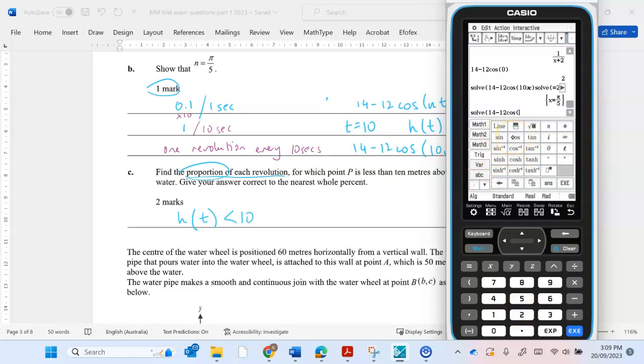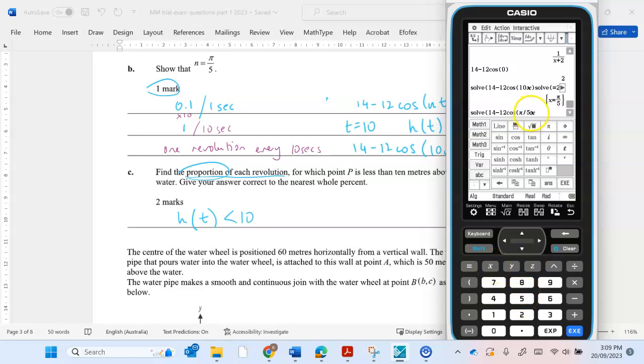It's probably good that I'm writing it again because we're now going to substitute n in. What is it? Pi on 5, wasn't it? And t is a variable, so it's just going to be x.